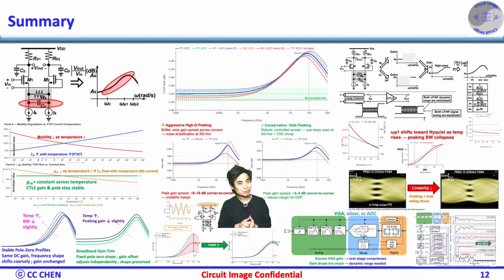Here is the summary showing why CTLE works without background adaptation. In high-speed continuous-time analog, stability can be more valuable than flexibility.